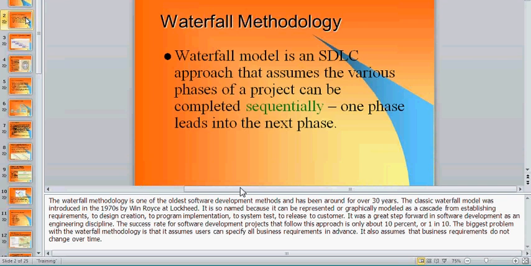Waterfall, I'd like to say, is almost a guarantee that you would be asked about for sure. So please pay attention. Is everyone clear so far? Any questions on waterfall methodology?